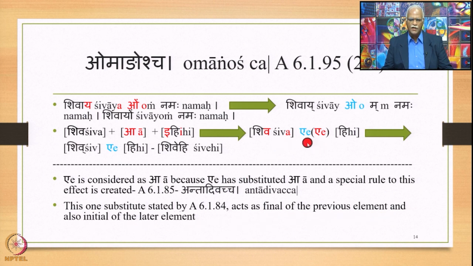So this A comes in place of A as well as E. So this A can be considered as E or A can be considered as A. Considering A as A, now we have Shiva plus Ahi, and this A is A. So now Omangoscha applies and there is Pararupa Sandhi. So we get the form Shivehi.